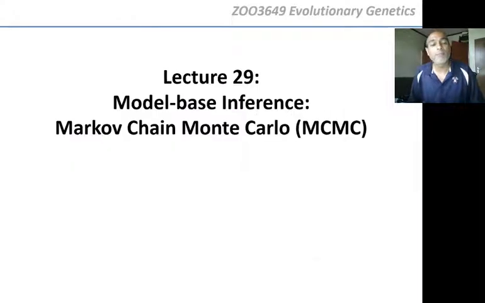And that is what we're going to be discussing in lecture 29. We're going to be learning about this cheat method for finding the right tree when you're using a model-based likelihood or Bayesian inference. We always use a Markov chain Monte Carlo, or an MCMC, when we are using a maximum likelihood or a Bayesian phylogenetic reconstruction.